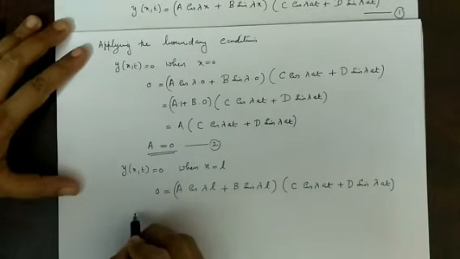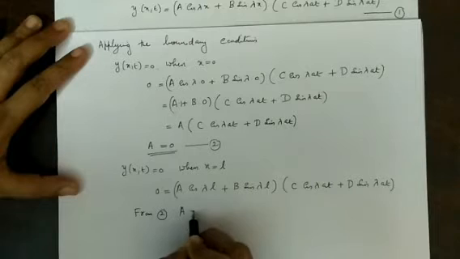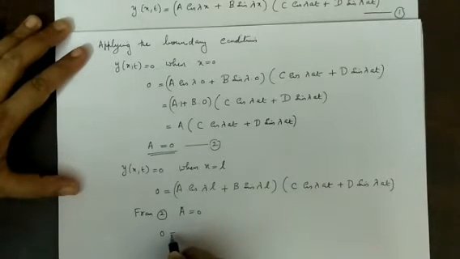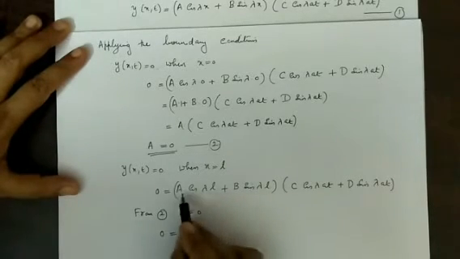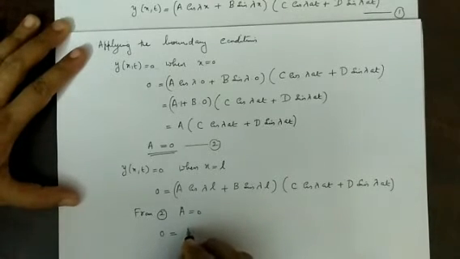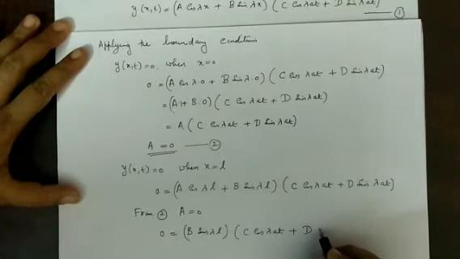Applying a equal to 0 from equation number 2 here, the a cos lambda L term becomes 0. So 0 equals b sin lambda L into (c cos lambda at plus d sin lambda at).